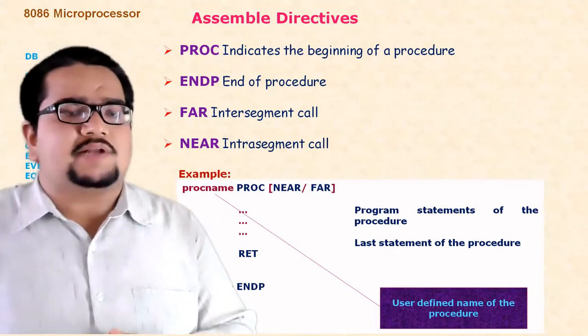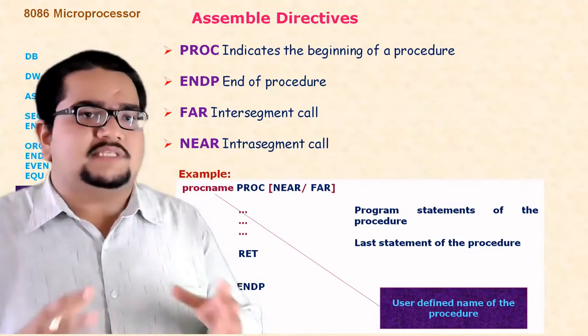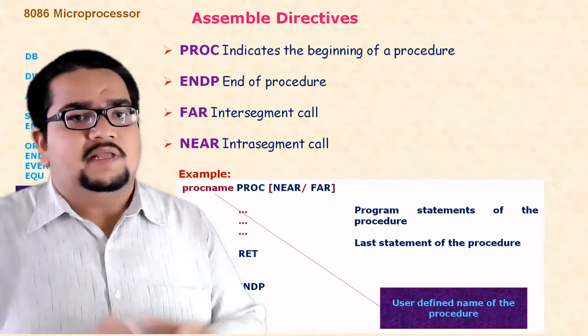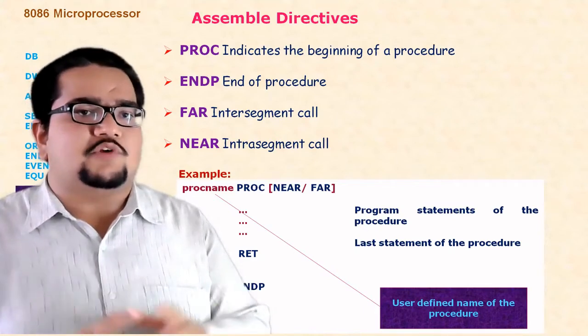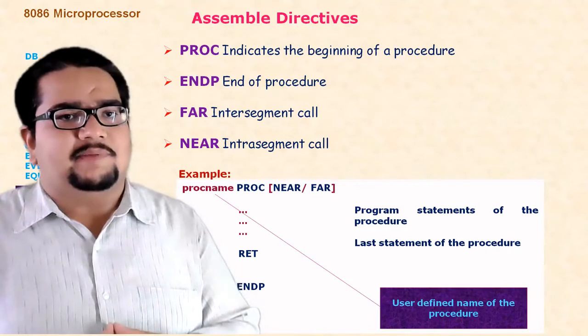Basically, NEAR and FAR are used to indicate whether the distance between the two things is within 64 kilobytes of memory or more than 64 kilobytes. The maximum logical segment size is 64 kilobytes of memory.